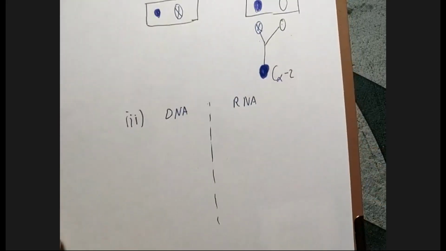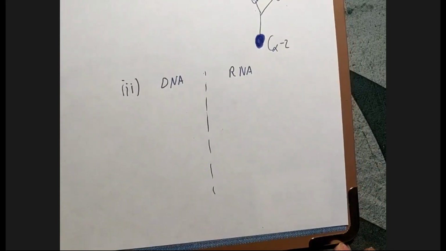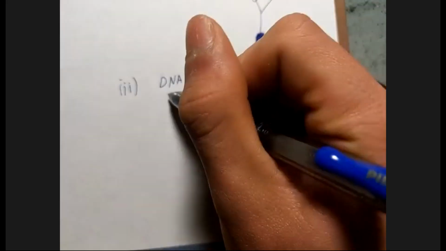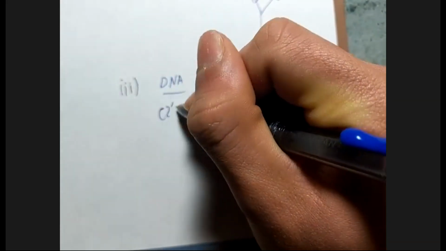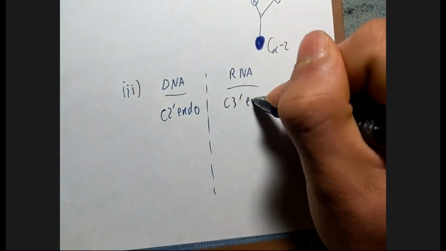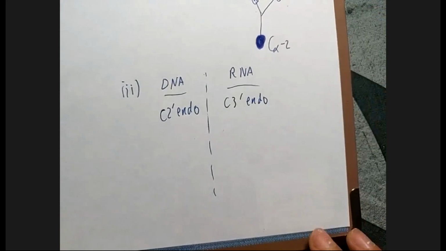For this last part, part 3, you're asked whether an alpha helix can make an interaction with the major groove edge in an RNA double helix. And to answer this question, you should remember the key differences between what DNA and RNA normally look like. So for DNA, you have that C2 prime endo sugar pucker, and for RNA, you have a C3 prime endo sugar pucker.